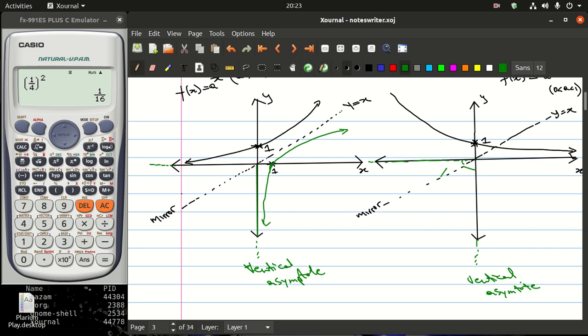So if this function here was not touching the x-axis, which means that it's supposed to not touch the y-axis. So basically what will happen here, this point will be that point there.